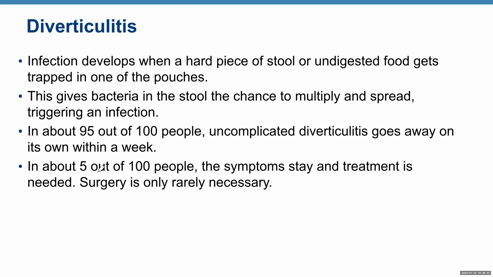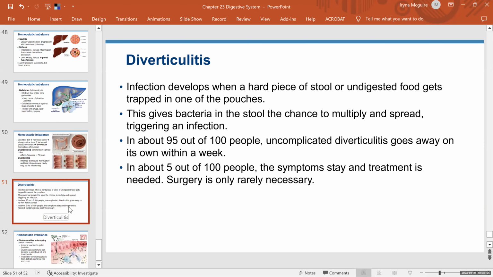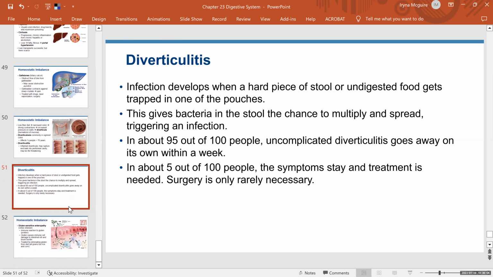In about 5 out of 100 people, so about 5%, the symptoms may stay and treatment is needed. Surgery is only rarely necessary. Right, so usually, when a patient has diverticulitis, they will be advised to change the diet, to have more fiber in their food, and hopefully it will go away on its own.